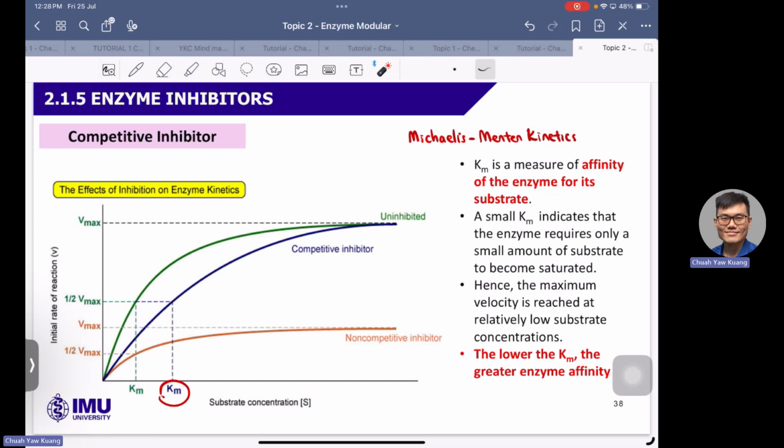Because your affinity is higher, so the chance to bind to the substrate is higher. That's why you don't need that much substrate. You just need maybe 5. You can actually reach the edge because the affinity is higher. So you can still achieve a high rate of reaction. That's why low Km means high affinity, higher chance to bind.